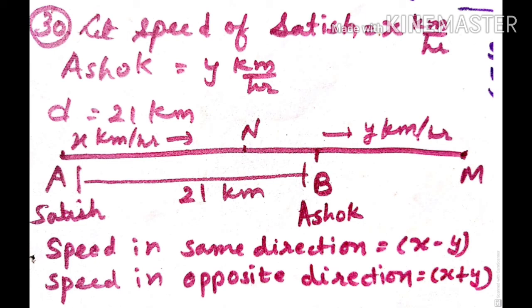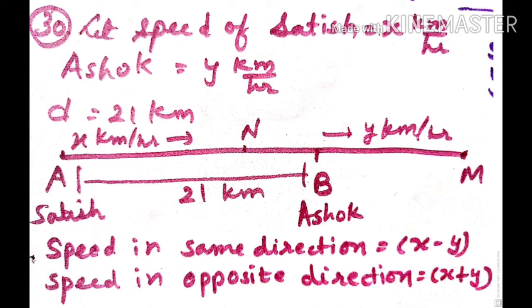Now the thing is that when they move in the same direction, the speed is x minus y. So I have written, when they move in the same direction, the speed is equal to x minus y. And when they move in the opposite direction, the speeds of Satish and Ashok are added. So I have written, speed in opposite direction is equal to x plus y.